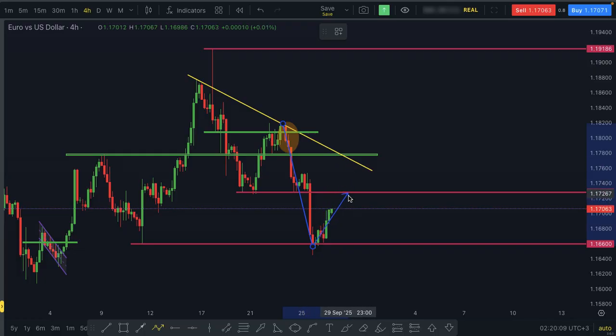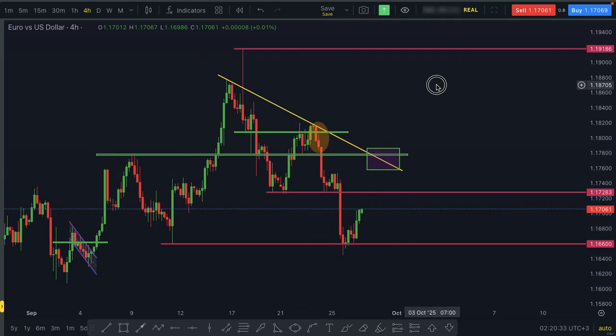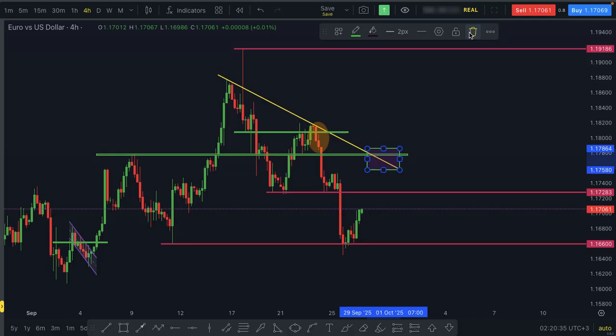Might have a likely push either here or to this very point, and that's the 1.177, and then possibly a down move. But we are all going to be waiting for what the market would be giving us, and then that's what we shall read and then make a decision based on that. So currently that's what we have for the Euro USD.